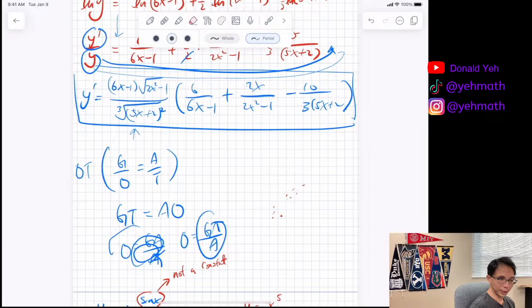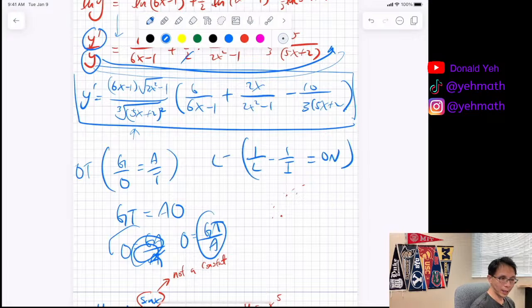I'm going to go over the lion problem as well because that's a good problem. 1 over L minus 1 over I equals 1 over N. If you multiply by LI, then that's going to give you I minus L, N is equal to LION. Now what are we solving for?